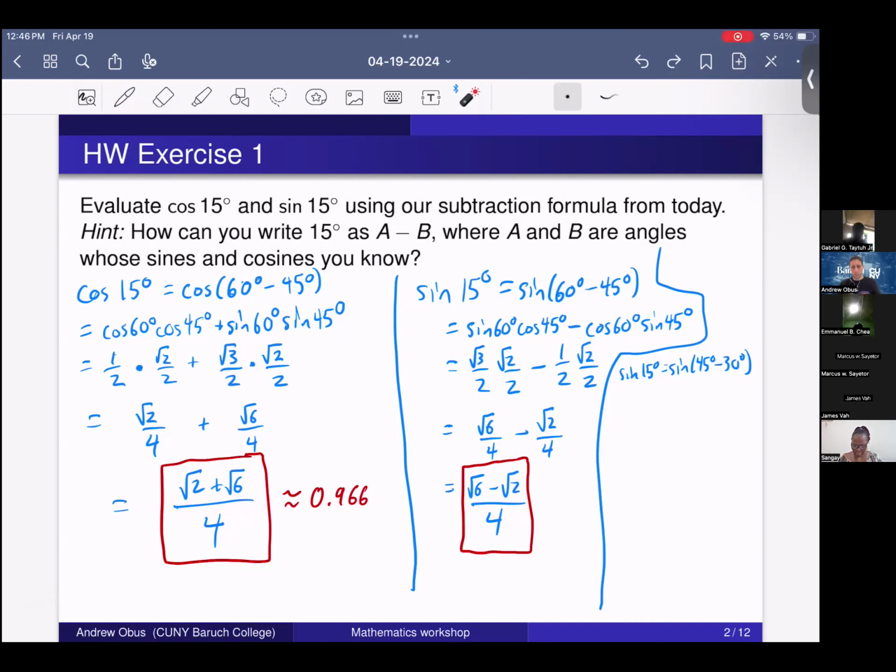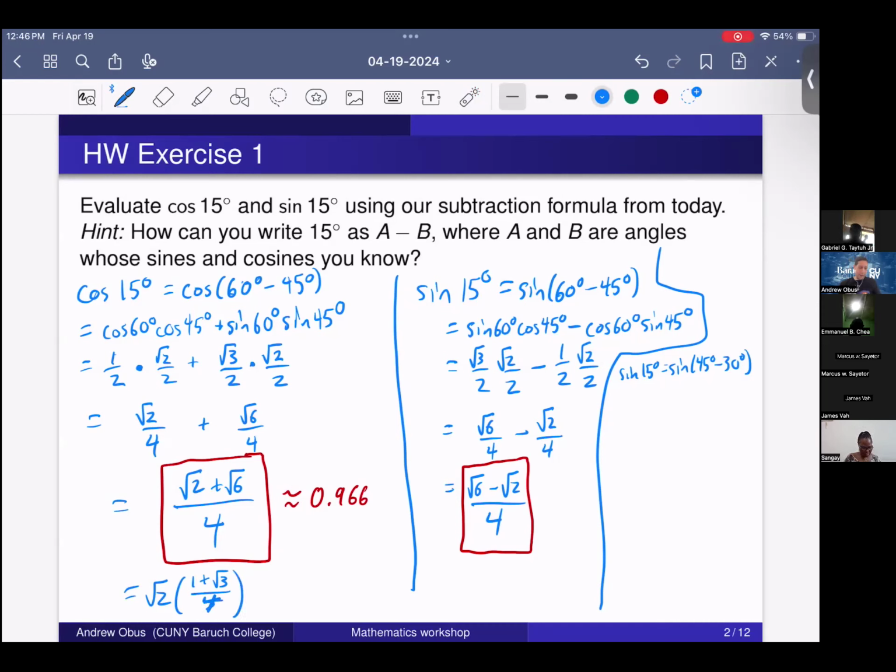Okay. But you can still further simplify it. How would you simplify this? By factoring out root 2. Okay, I mean, is that simpler? I mean, okay, you could say this is square root of 2 times 1 plus square root of 3 over 2 over 4.